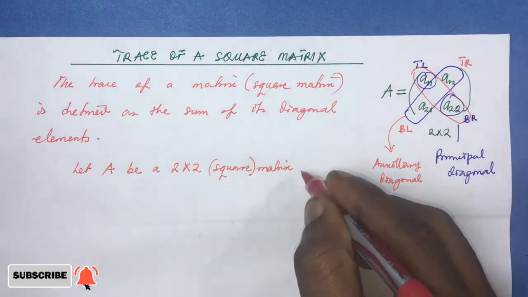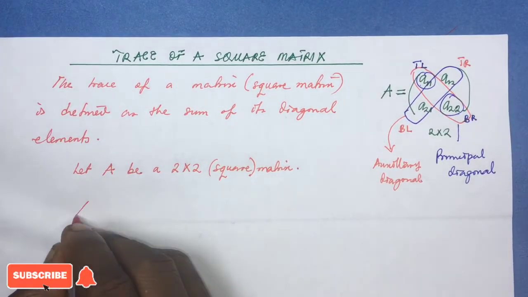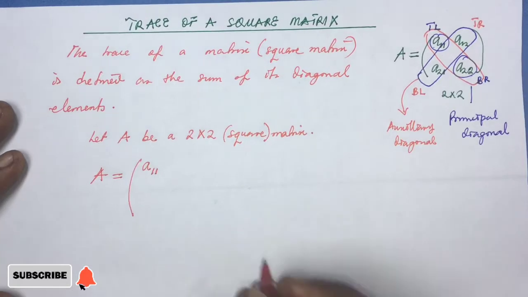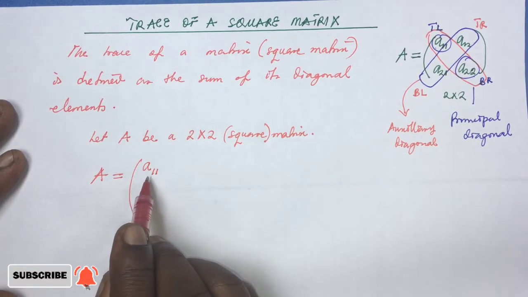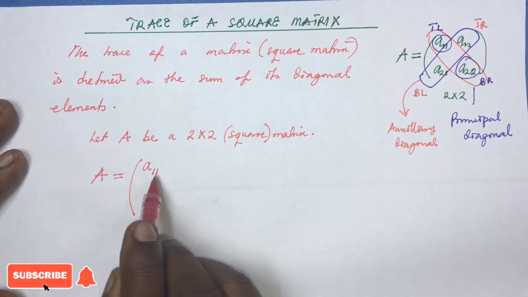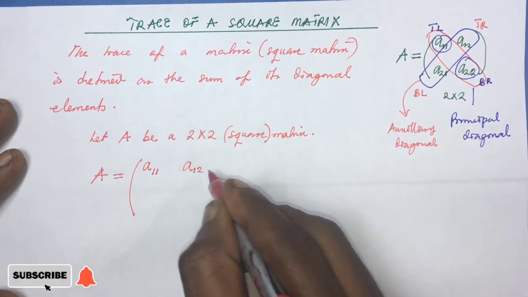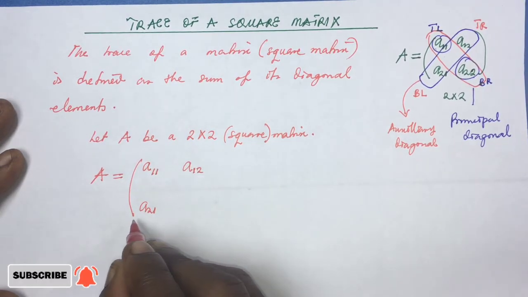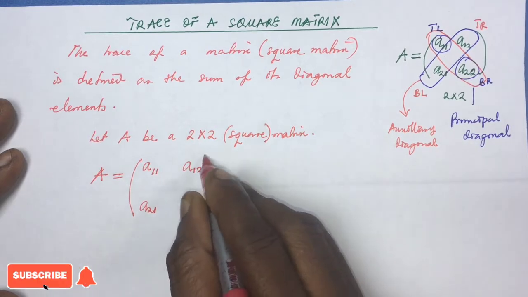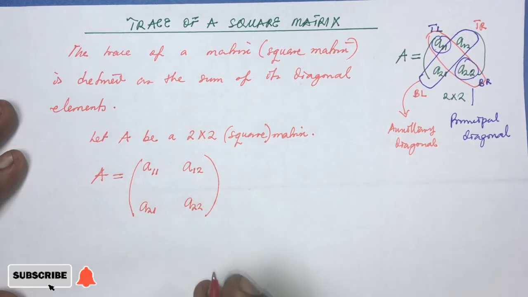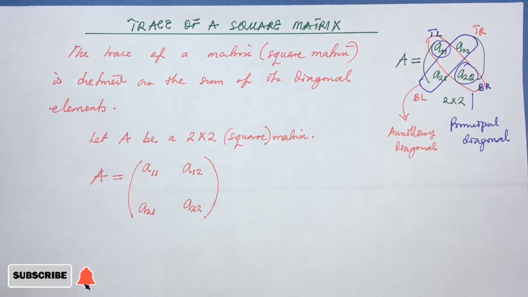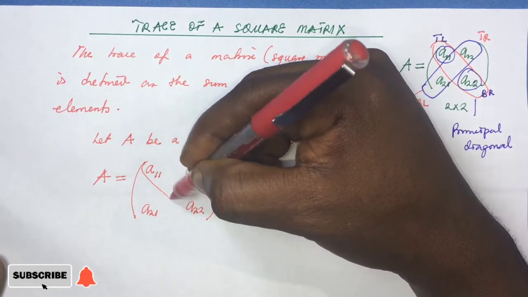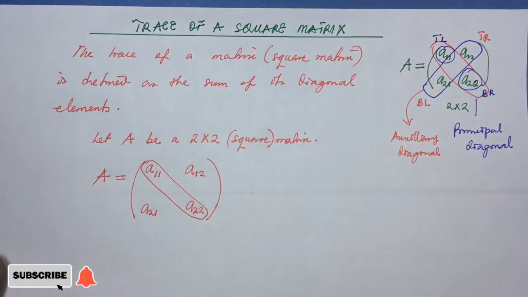In that case, we can write A in the general form as A11, where, of course, you know that A11 means the element occupying the first row, first column; A12, the element occupying the first row, second column; A21, the element occupying the second row, first column; and A22, the element occupying the second row, second column. What we call the principal diagonal of this matrix is this diagonal. So this is the diagonal of the square matrix.